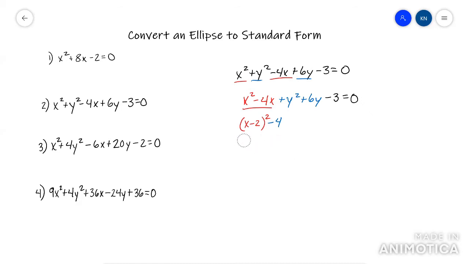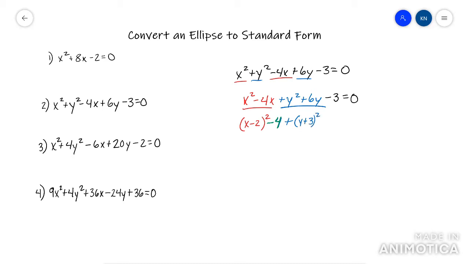I shouldn't have used blue. Let's use green. Minus 4. So this right here is the exact same thing as this right here. If you FOILed it out, it would be the same thing. All right, I'm going to complete the square on this one as well. So it'd be half that 6, so y plus 3 squared.